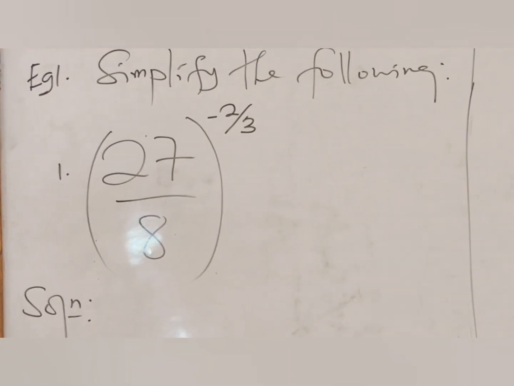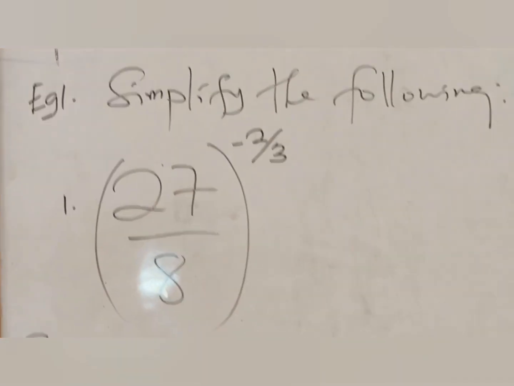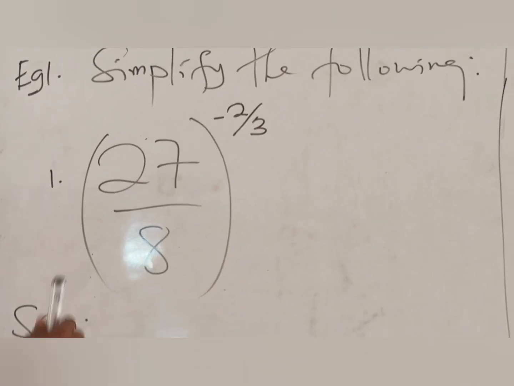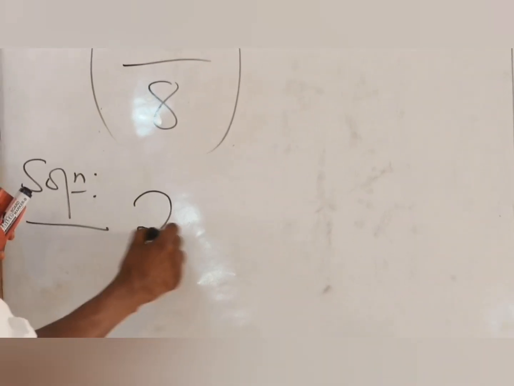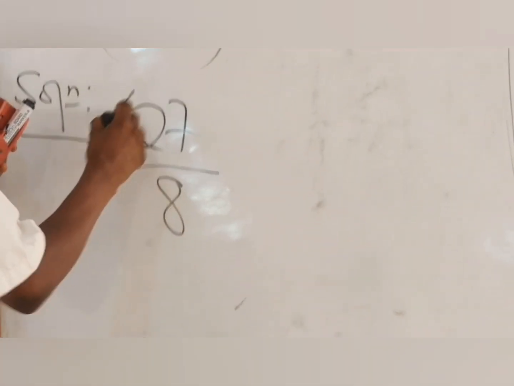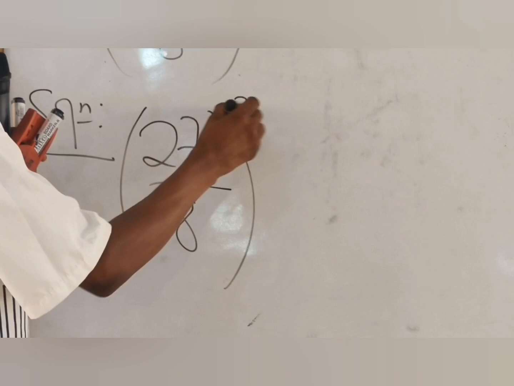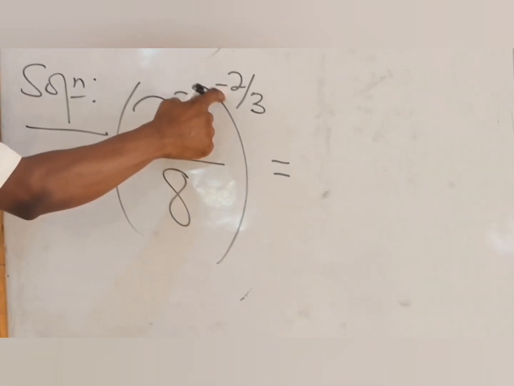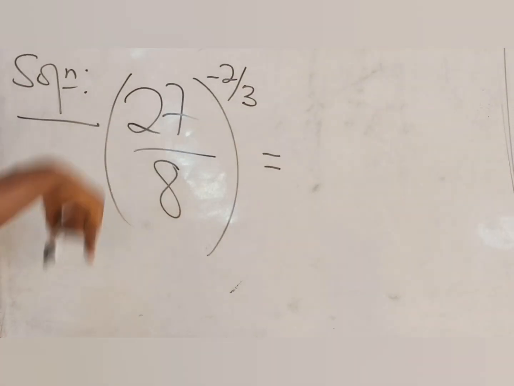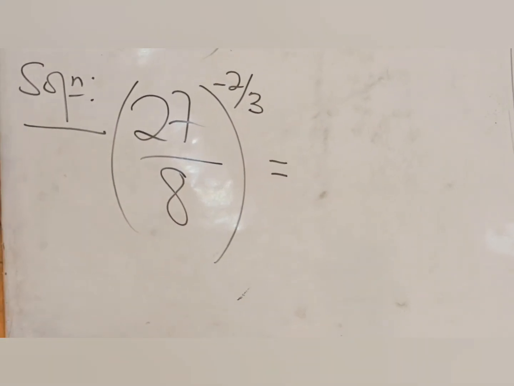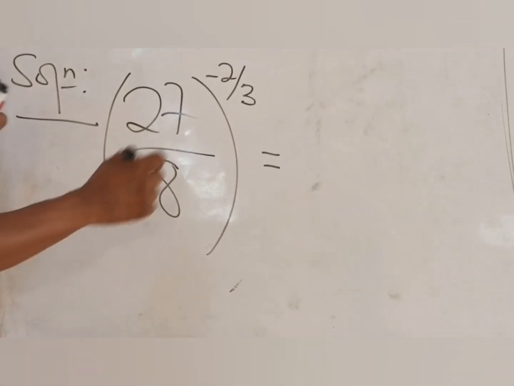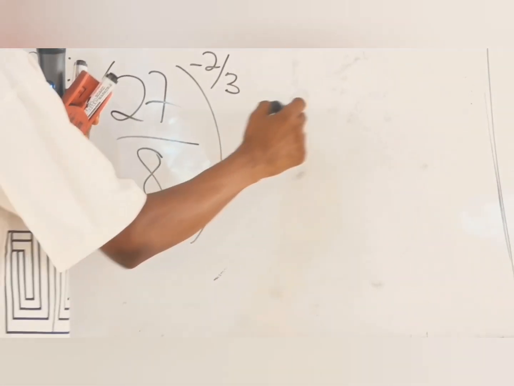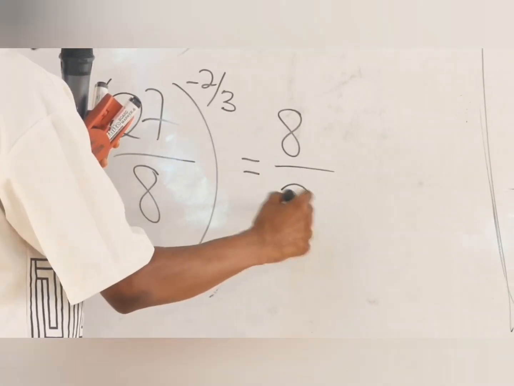Look at all the properties in your book. 27 over 8 all to the power negative 2 over 3 will be written as what? Work it for me. How do you write? First, because it's negative and it's a fraction, first we write what? 8 over 27.